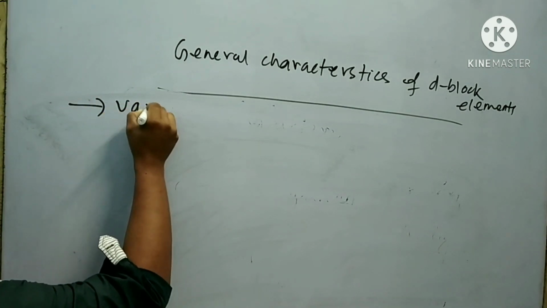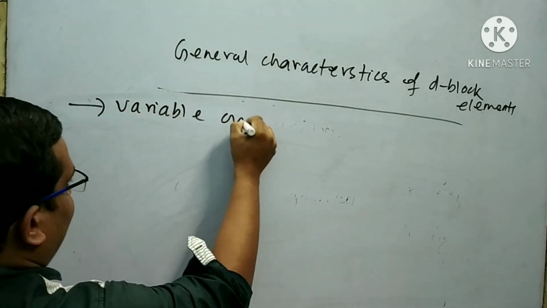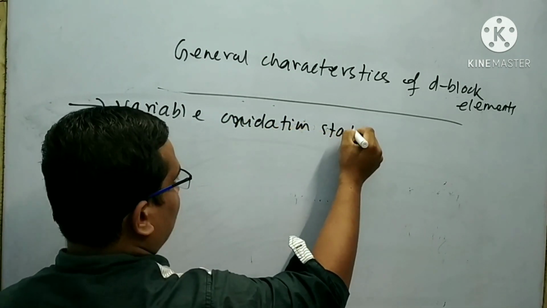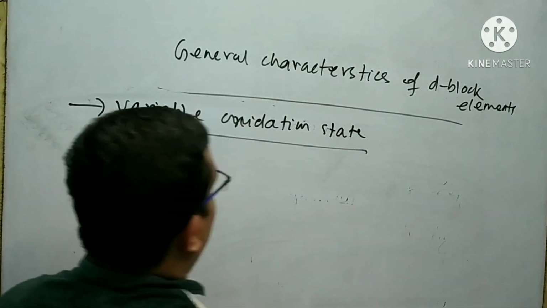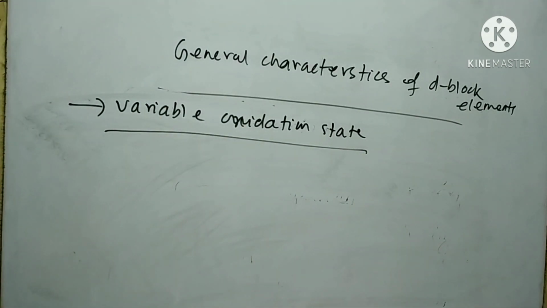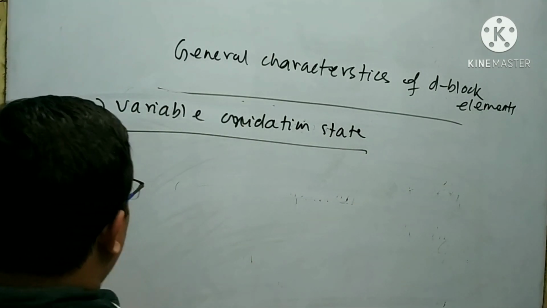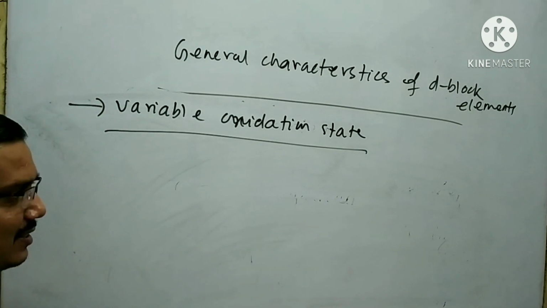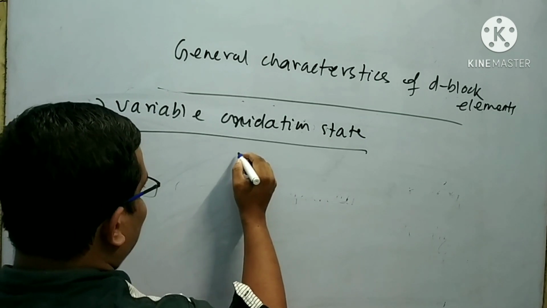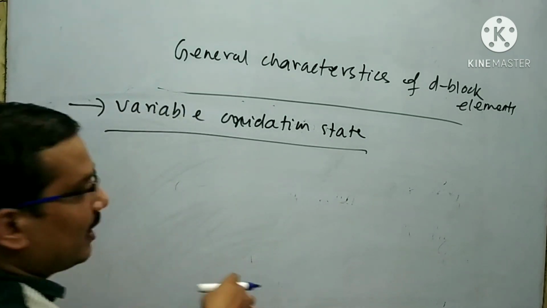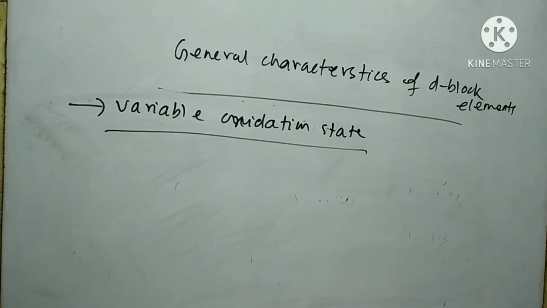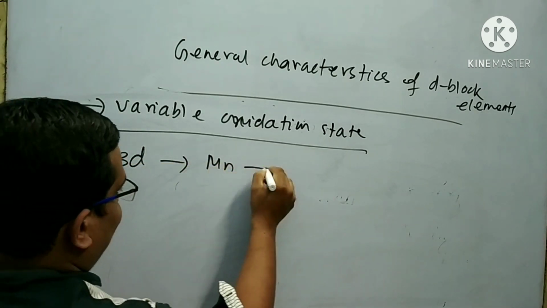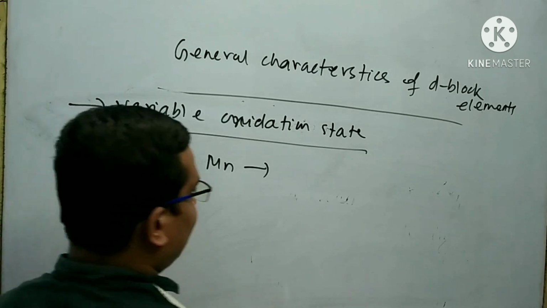Next is variable oxidation state. The d block elements show variable oxidation state. The oxidation state of d block elements increases and reaches a maximum oxidation state, then decreases. In the 3d series, manganese has the highest oxidation state.